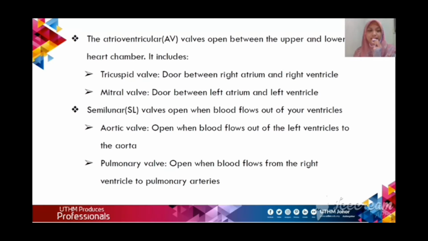It is a door between the left atrium and left ventricle. Second are the semilunar valves, which open when the blood flows out of our ventricles. First is the aortic valve. It opens when the blood flows out from the left ventricle to the aorta, and the second is the pulmonary valve, which opens when the blood flows from the right ventricle to the pulmonary arteries.